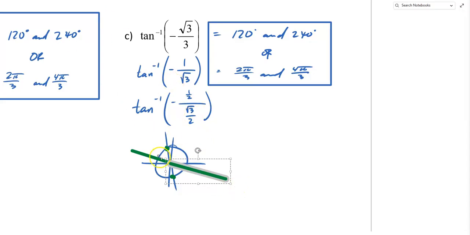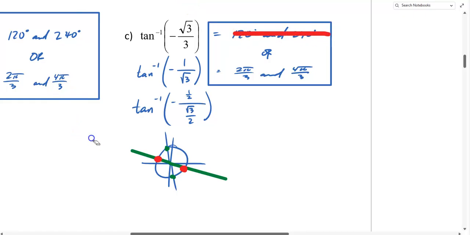So I don't like 120 and 240 as the answer. I actually like 150 and 330. So be careful there. 150 and 330 appear to be the correct answers. And if we were to report those as radians, we'd have 5 pi over 6 and 11 pi over 6.